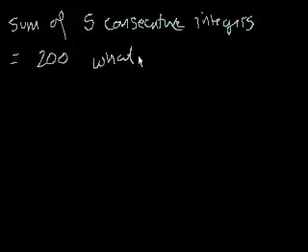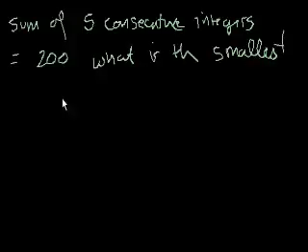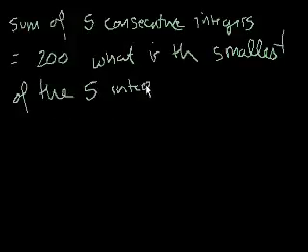What is the smallest of the 5 integers? I apologize for my handwriting. Well, there's a couple of ways to do this, but I guess the most straightforward way is just to do it algebraically, I would say.